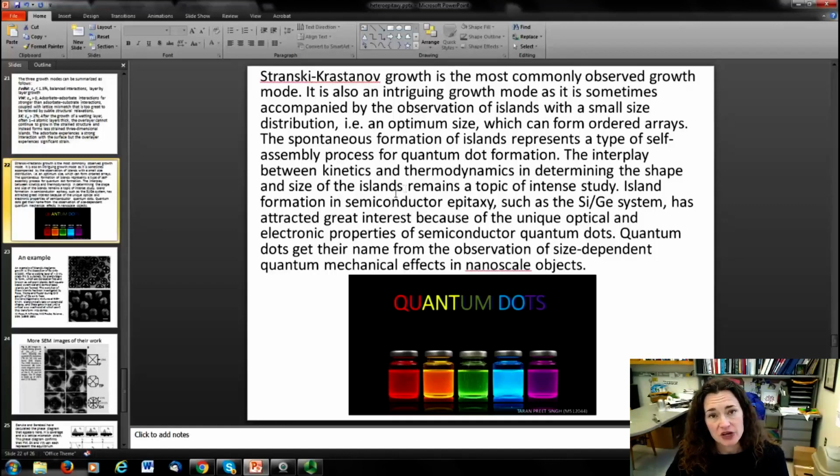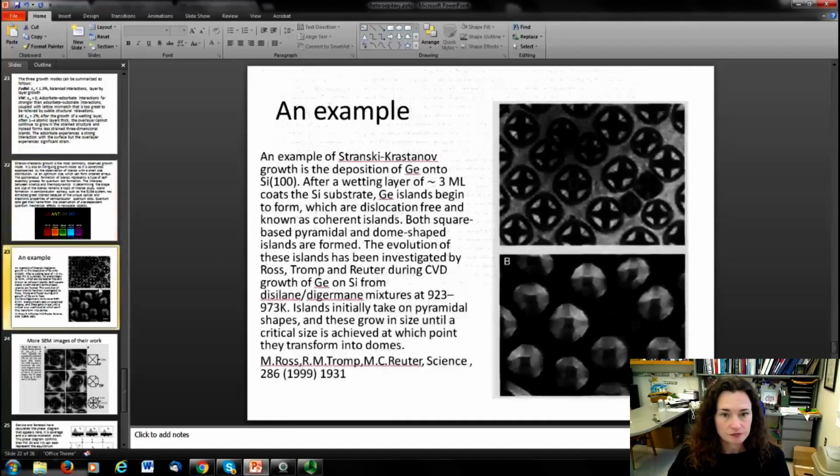Island formation in semiconductor epitaxy, like silicon-germanium systems, has attracted a lot of interest because of the unique optical and electronic properties of the semiconductor quantum dots. Quantum dots, if you remember from a previous lecture, get their name from the observation of size-dependent quantum mechanical effects in these nanoscale objects. So in other words, quantum dots are basically semiconductors in small nanoparticle size.